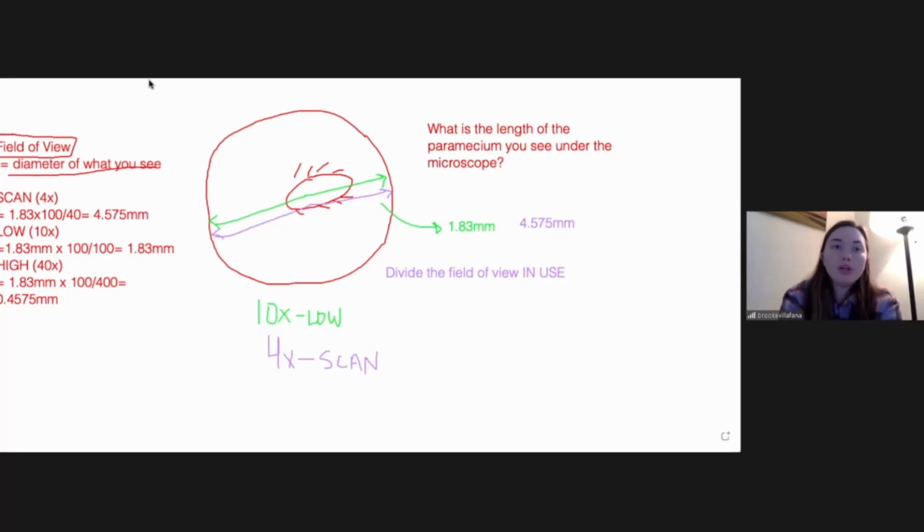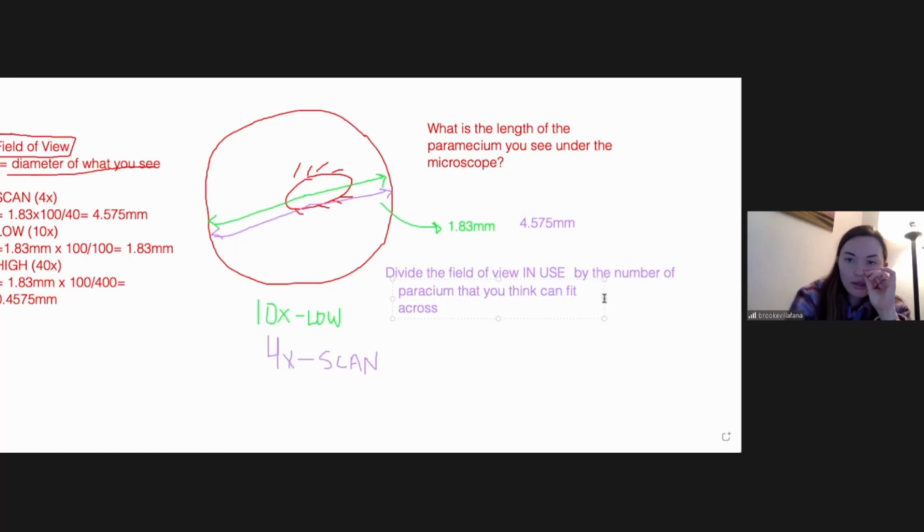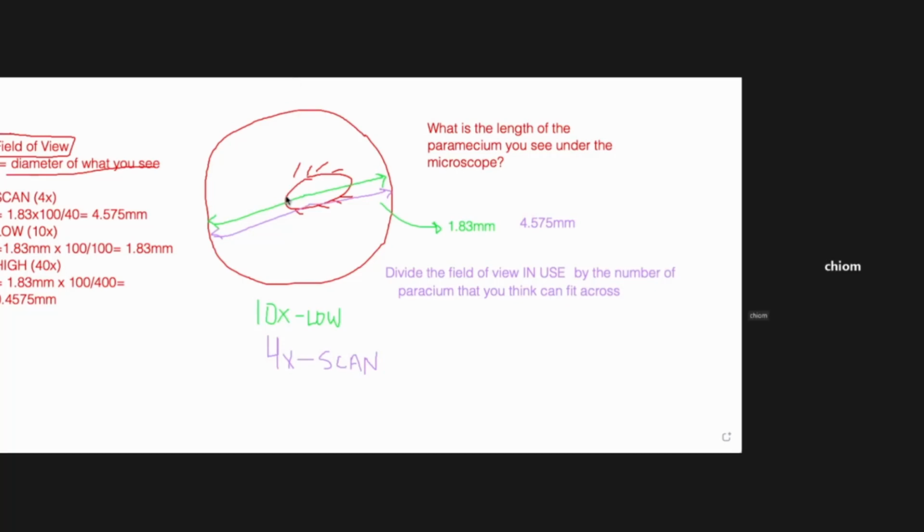Okay, so what we're going to do is divide the field of view in use by the number of paramecium that you think can fit across. Okay, so how many paramecium do you think can fit across the circle?